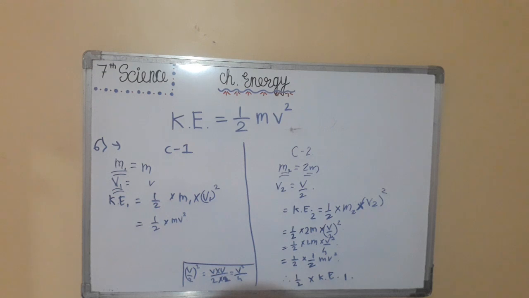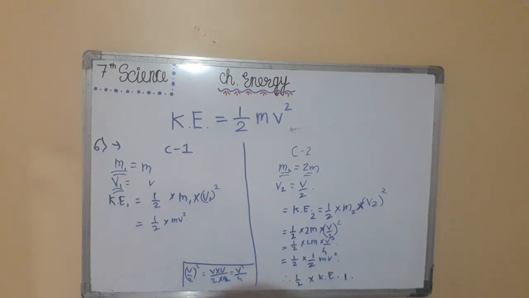Now the next question, number 7: two bodies of equal masses move with velocities v and 3v respectively. Find the ratio of their kinetic energies.